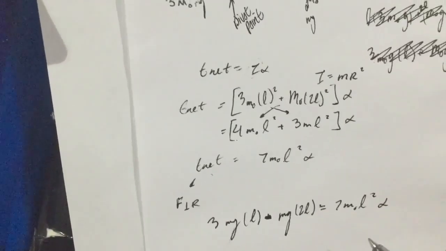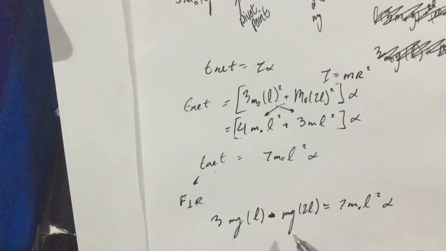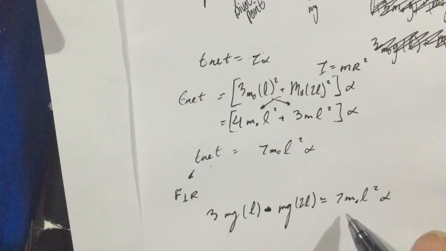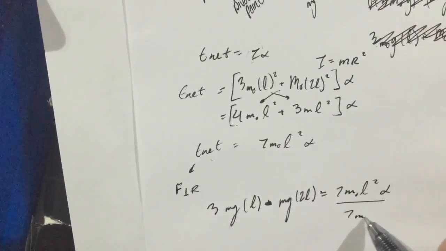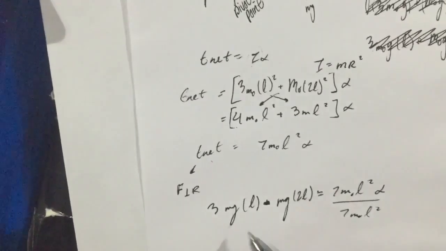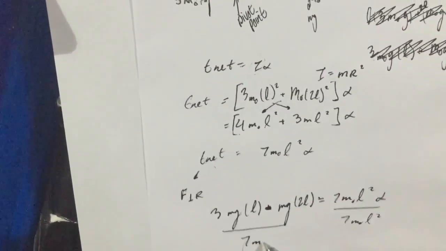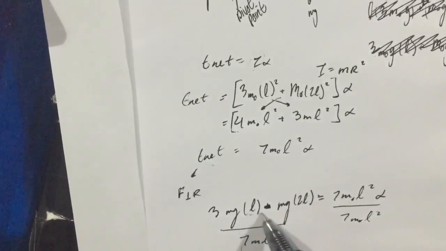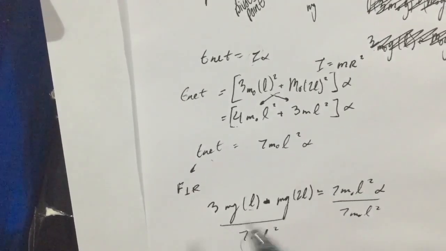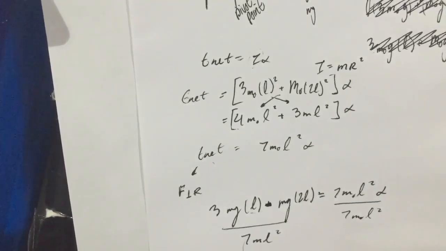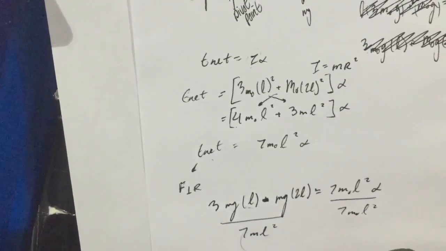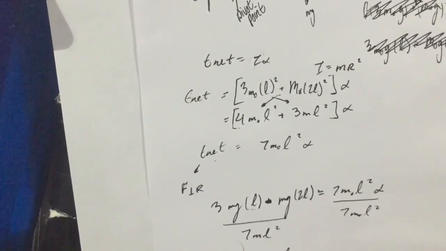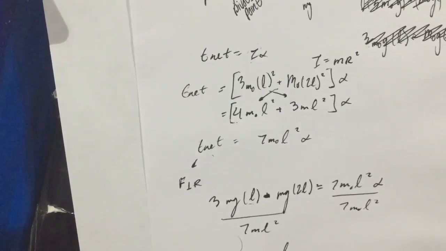Then you're going to divide. This would turn out to be just mgL over 7mL squared.